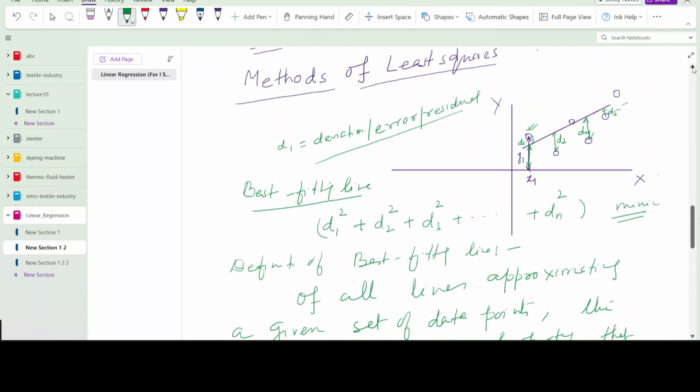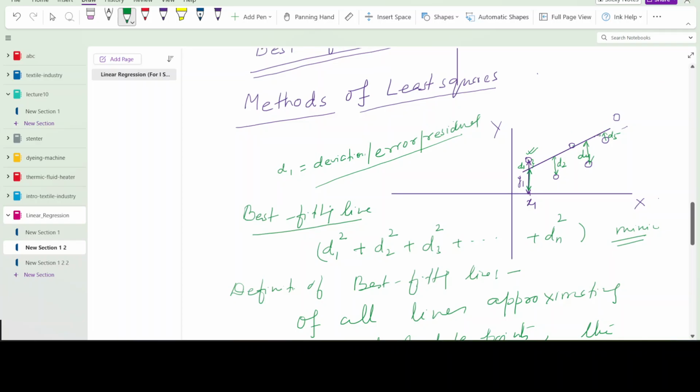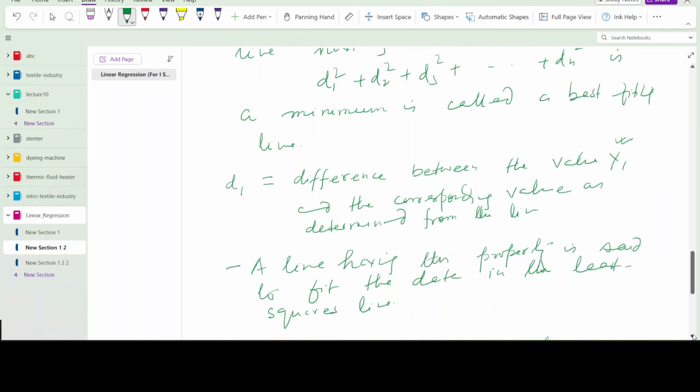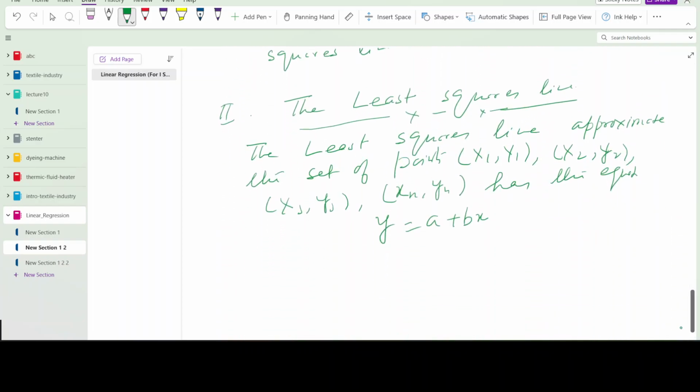This line we have just mentioned here has the equation y is equal to a plus bx, as this fitting line's equation. Let us call it 1.